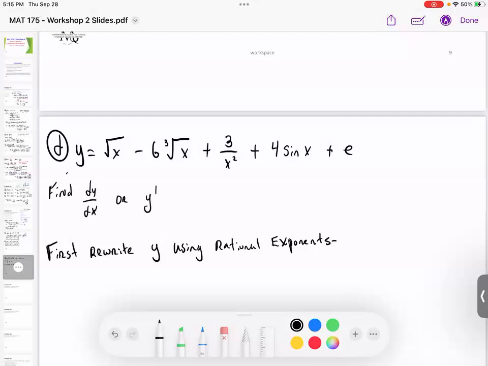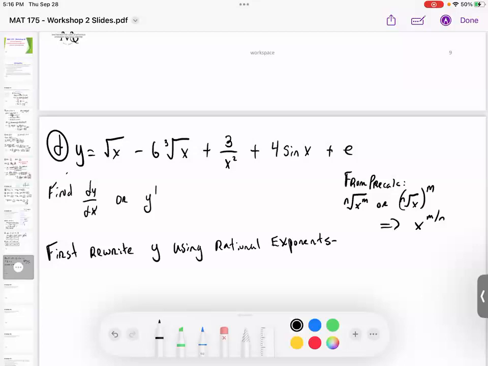Similarly, when you have the cube root of x, you have to rewrite it using a rule for rational exponents. So, in short, this is just from pre-calc. From pre-calc, what you should have learned is that if you have the nth root of x to the m power, or the nth root of x, where all of that's raised to the m power, then you can rewrite that as x to the power of m over n.